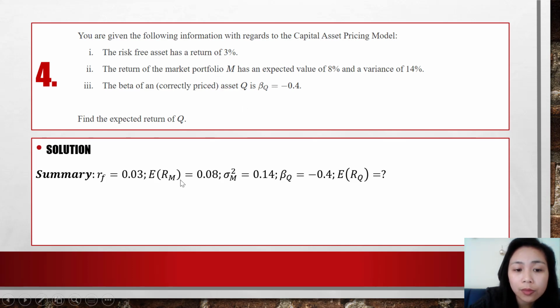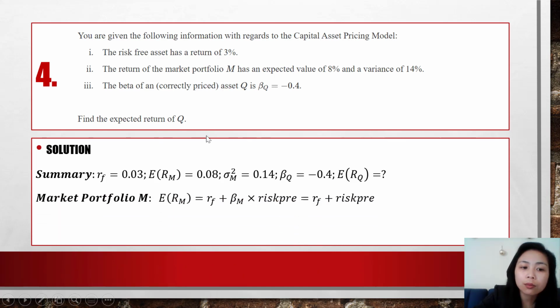So ERM, the expected return of the market portfolio, is 0.08. And variance of 14%, so sigma square of M is 0.14. Now beta of a correctly priced asset Q. Correctly priced means this asset is on the security line, right? So we can make use of the security line equation. Beta Q is negative 0.4, and the question is, what is the expected return of Q?